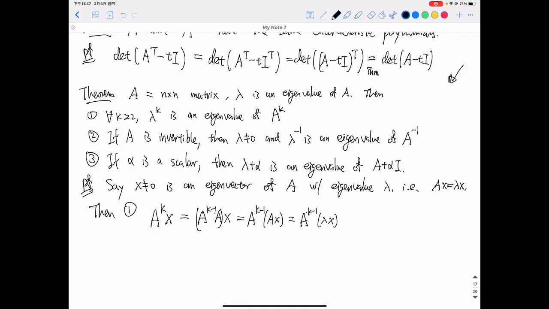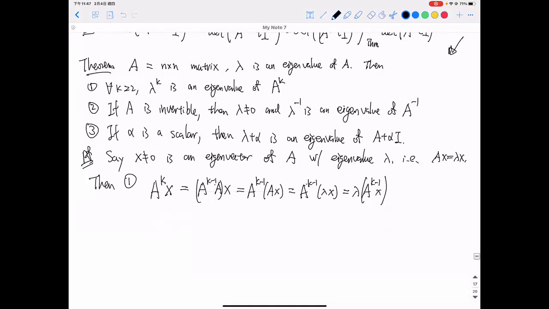And when you have a scalar multiple, you can take it outside. So you get the k power of A applied to x is lambda times the k minus first power of A applied to x. But you can do this again. A to the k minus 2 times Ax, well, Ax again, right? So that's lambda x.